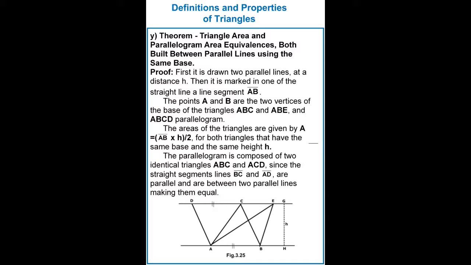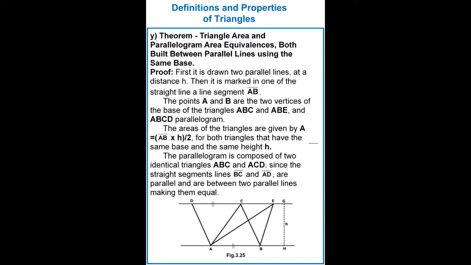The areas of the triangles ABC and ABE, as shown in the previous class for the acute and obtuse triangles, are given by the product of the dimension of the straight line segment of the base AB by the dimension of the straight line GH, that is the height, divided by 2.